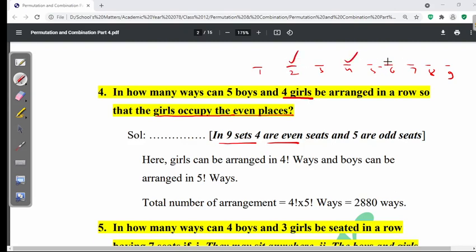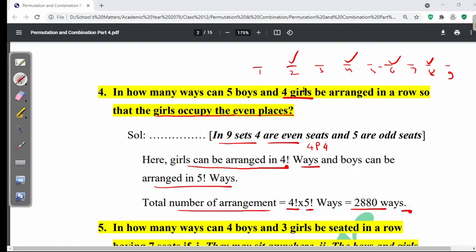There are 4 girls, and how many even places? 1, 2, 3, 4. So girls can be arranged in 4 factorial, that is P(4,4) ways, and boys can be arranged in 5 factorial ways, and the total number of arrangements is 4 factorial times 5 factorial, that is 2880.